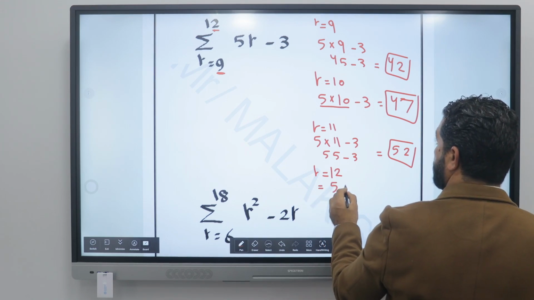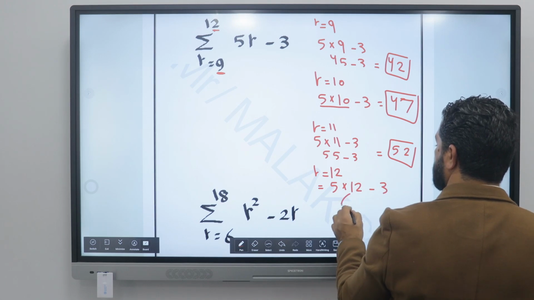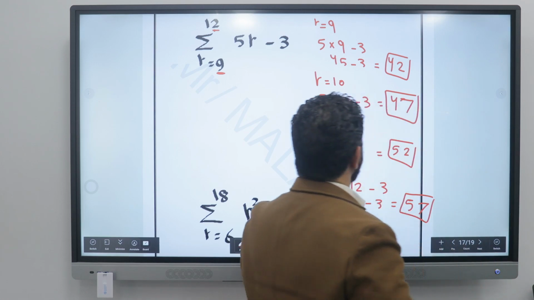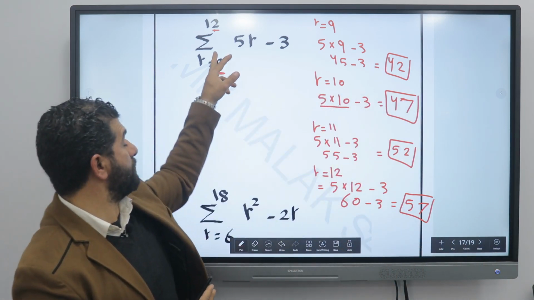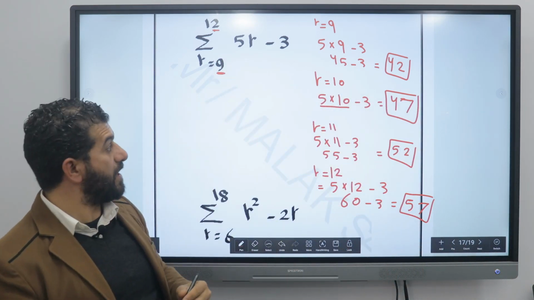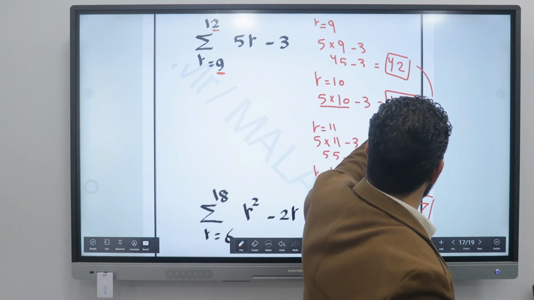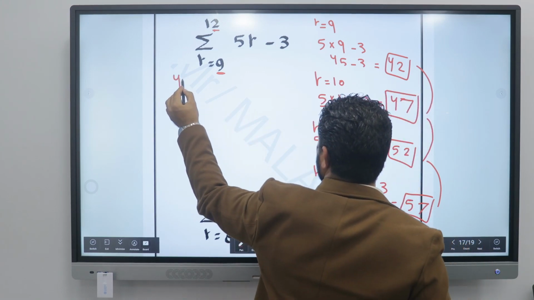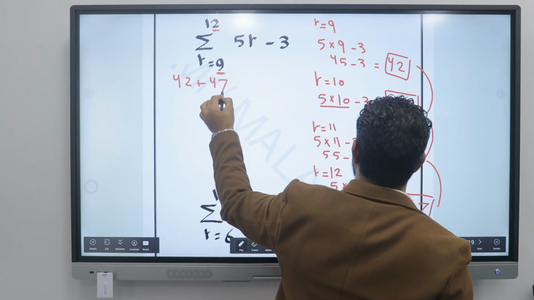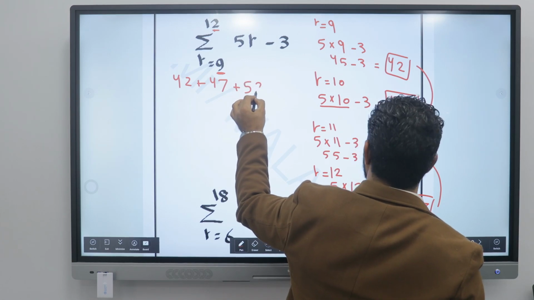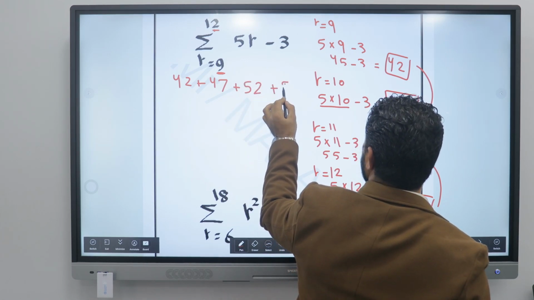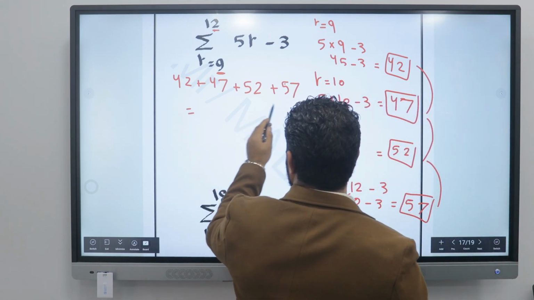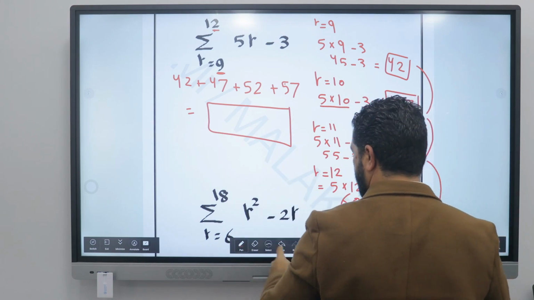It's 5 times 12 minus 3, 60 minus 3, it will be 57. Okay. This is the rule of the sequence and I want to find the sum of all these terms. So we can find the sum by adding 42 plus 47 plus 52 plus 57. That's it. By using the calculator you can find the sum.